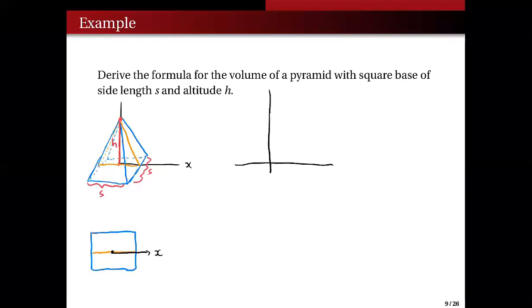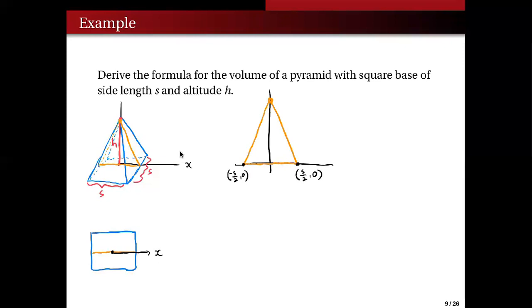This is the top, and then you have this, and of course this, and you will see this triangle here. With this representation, this point here is the point s over 2 comma 0, and this guy here is negative s over 2 comma 0.